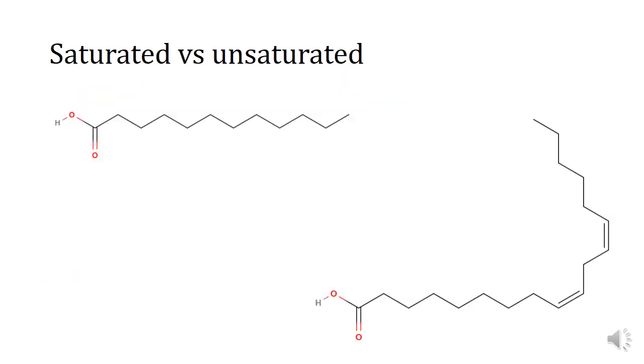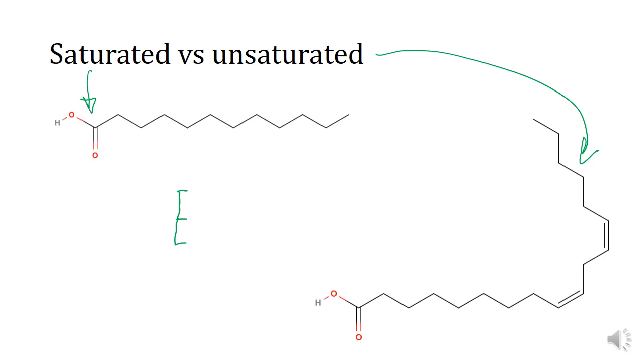Okay, so what I've got here are the exact same images that I put in the OneNote a week or so back now. Up here we have a saturated fatty acid and an unsaturated fatty acid. Now, why that's important when we're looking at fats, for example, we've got our glycerol, which is kind of this E shape.